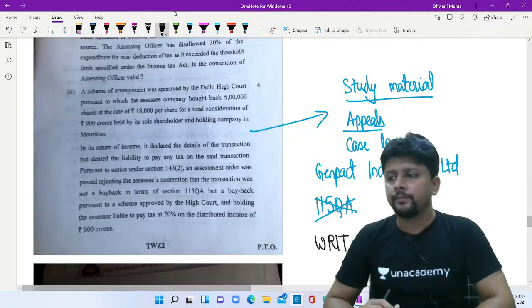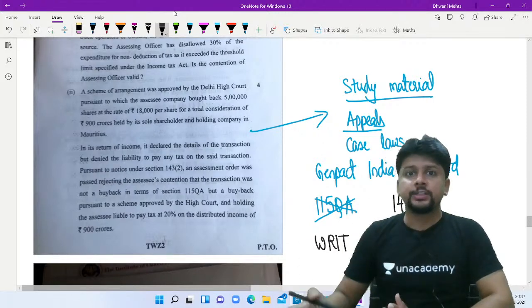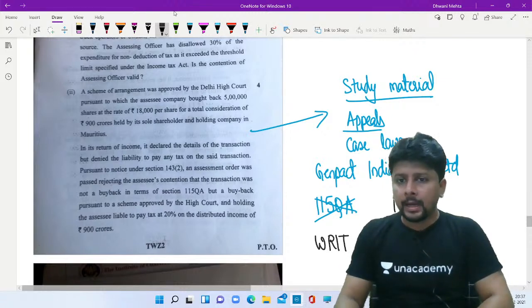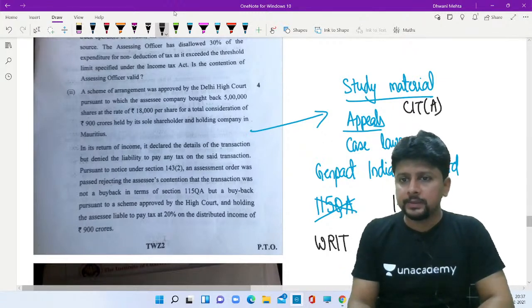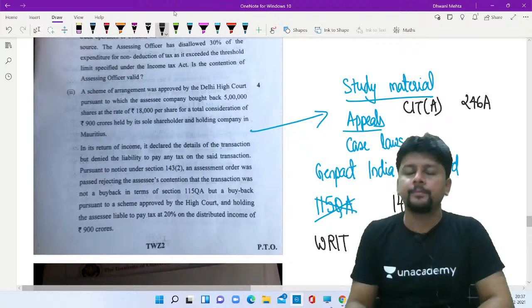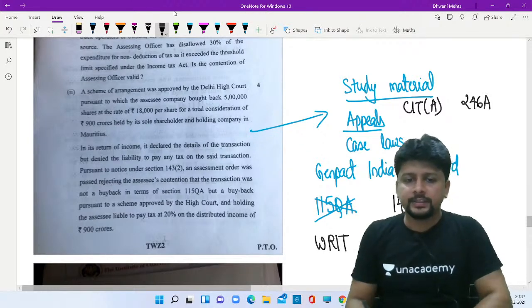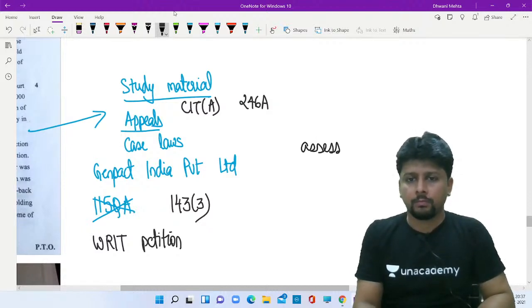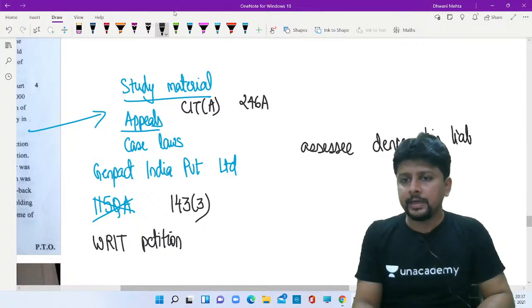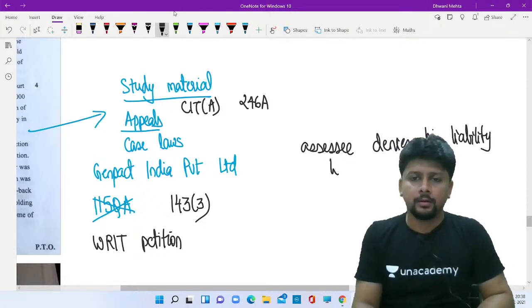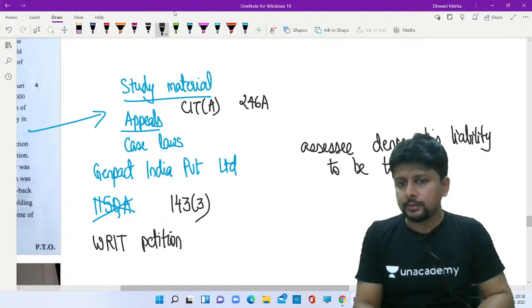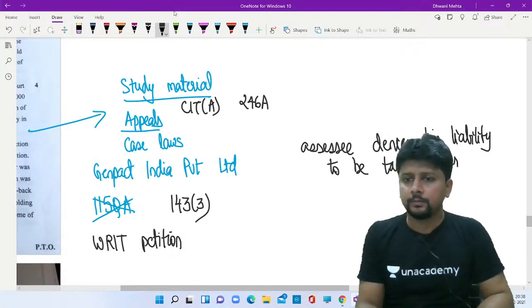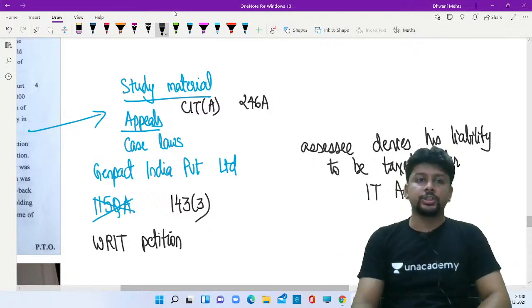It's a Supreme Court judgment. And the Supreme Court said that yes, writ petition is wrong. You can file an appeal. Under appeals made to CIT Appeals, section 246A, there is a point which says that if an assessee denies his liability to be taxed under Income Tax Act, then he can file an appeal with Commissioner Appeals.